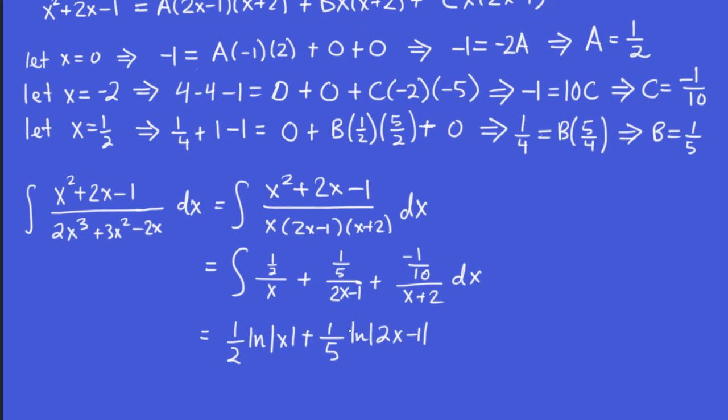And I don't want that 2 to survive, so I need to put a canceling factor of 1/2 in front. So let me just fix this. And we would have a half here. And then ln of 2x minus 1. And here the minus 1/10 comes out front. And here, since there's nothing in front of x, the coefficient is 1, in other words, I don't have to bother with that canceling factor.